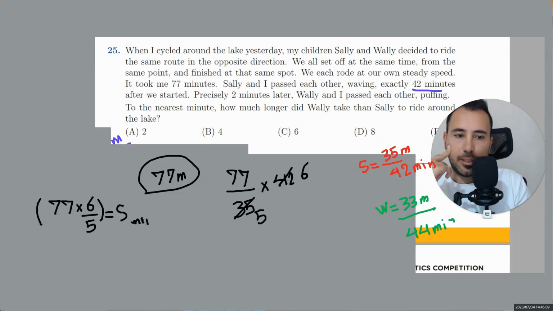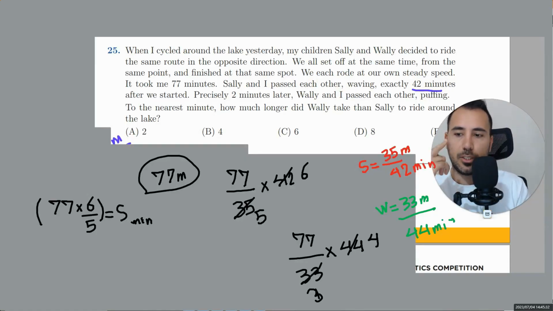Let's do the same thing for W. For W to go 77 meters, it would go 33 meters in 44. This one simplified by 11 will be 3. This one will be 4.